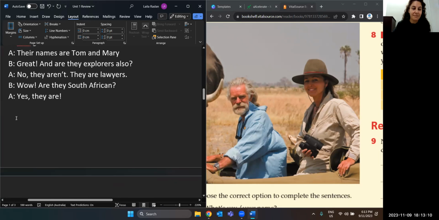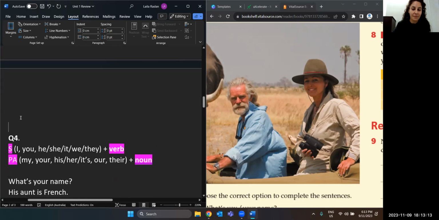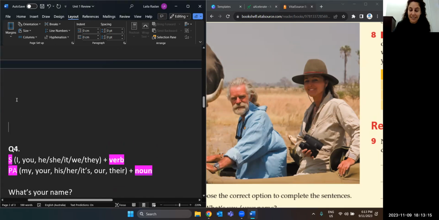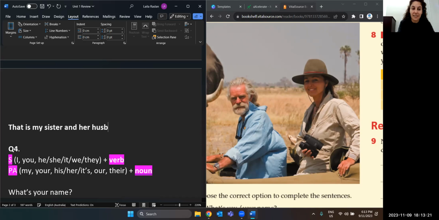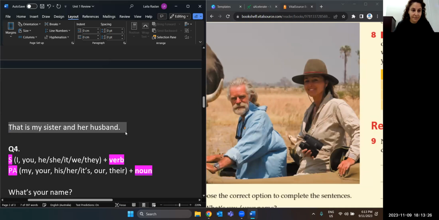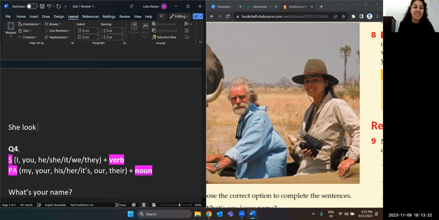They are my sister and That is my sister. Yeah, so that is my sister and her husband. Yeah, good. She looks younger than... Did you say she looks stronger?